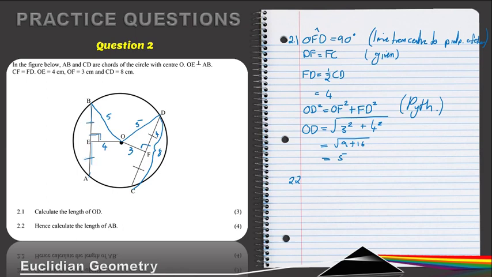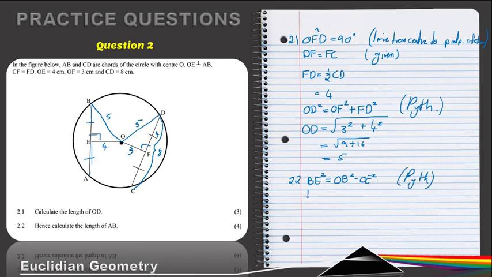Now before we state that, we can just work out BE using Pythagoras first. So BE squared is equal to the long side squared minus the short side. So that's OB squared minus OE squared. And that's Pythagoras.